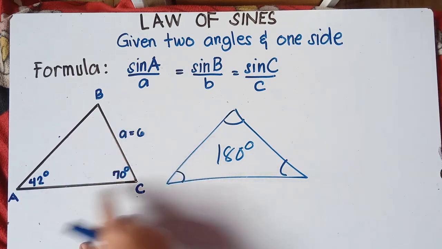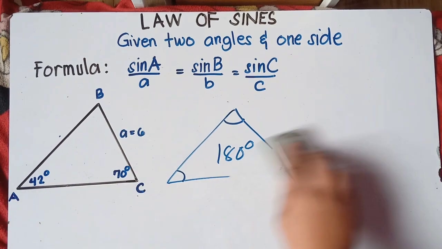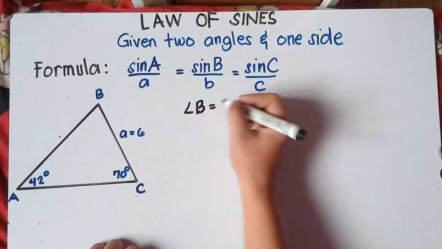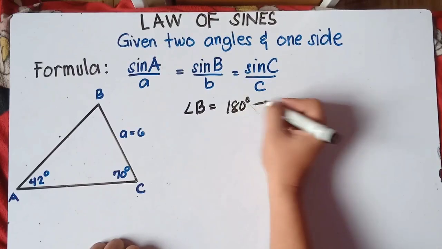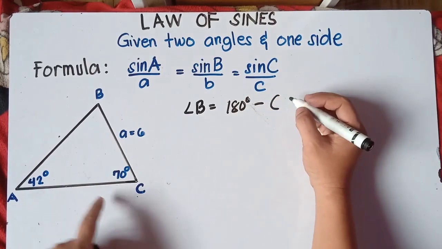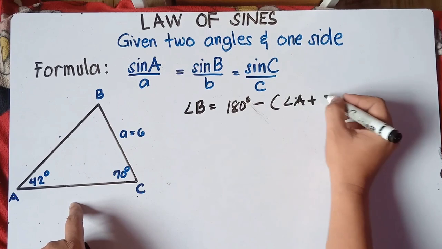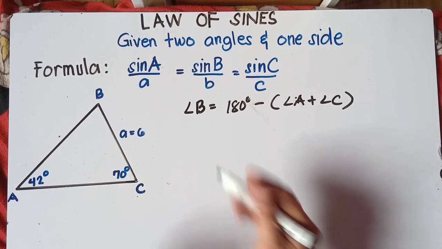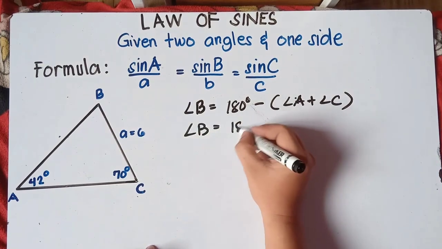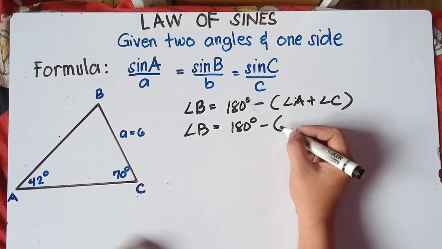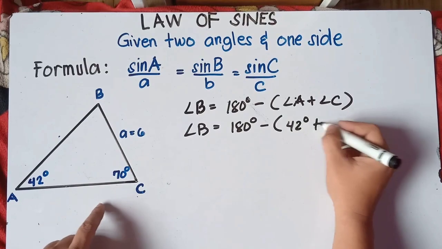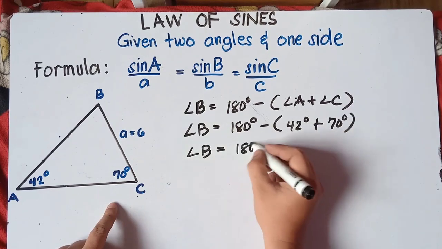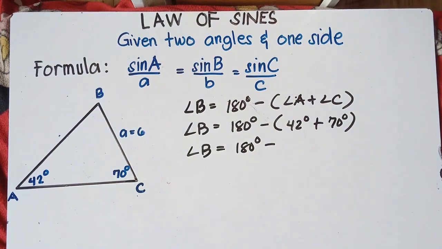We can write this as angle B equals 180 degrees minus the sum of these two angles, angle A plus angle C. So angle B equals 180 degrees minus, angle A is 42 degrees plus angle C is 70 degrees.